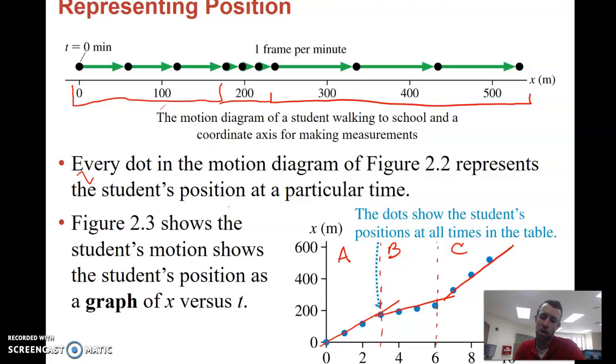What do we notice? Well, the flattest slope is B, the steepest slope is C, and somewhere in the middle is A. So what does that mean? That means the slope is equal to the speed at which something is moving. So the slope of position versus time equals the velocity.